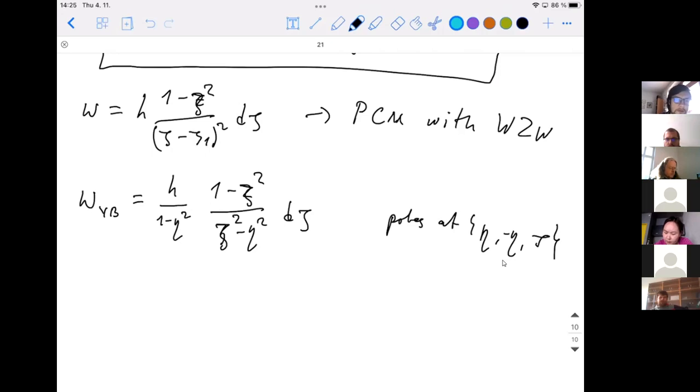But here it is from a different perspective: instead of deforming something, you just choose a different one-form, which looks very similar. The Yang-Baxter and principal chiral ones look similar, but they result in a different deformed model on this 2D after this reduction. So it's a different way of going.